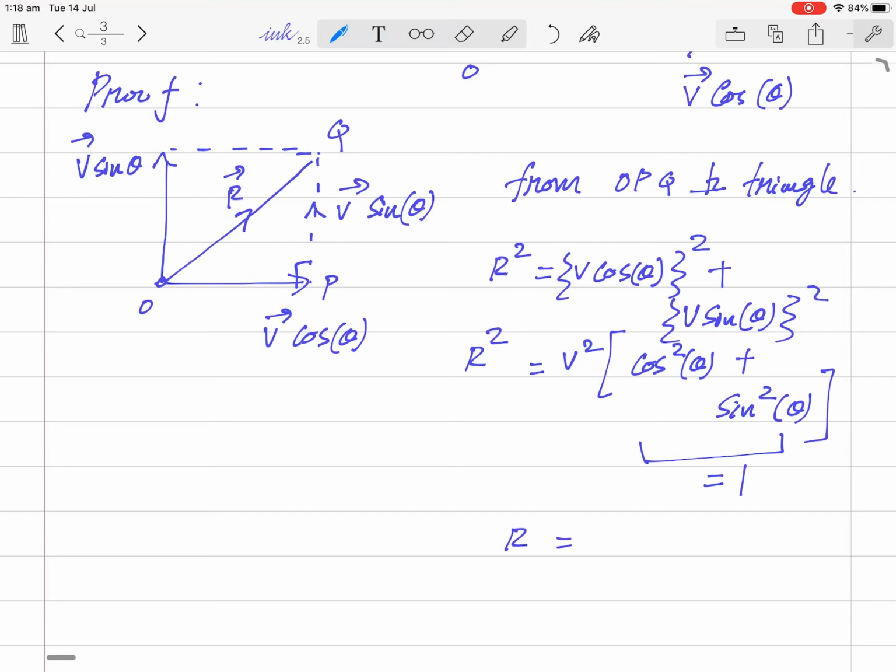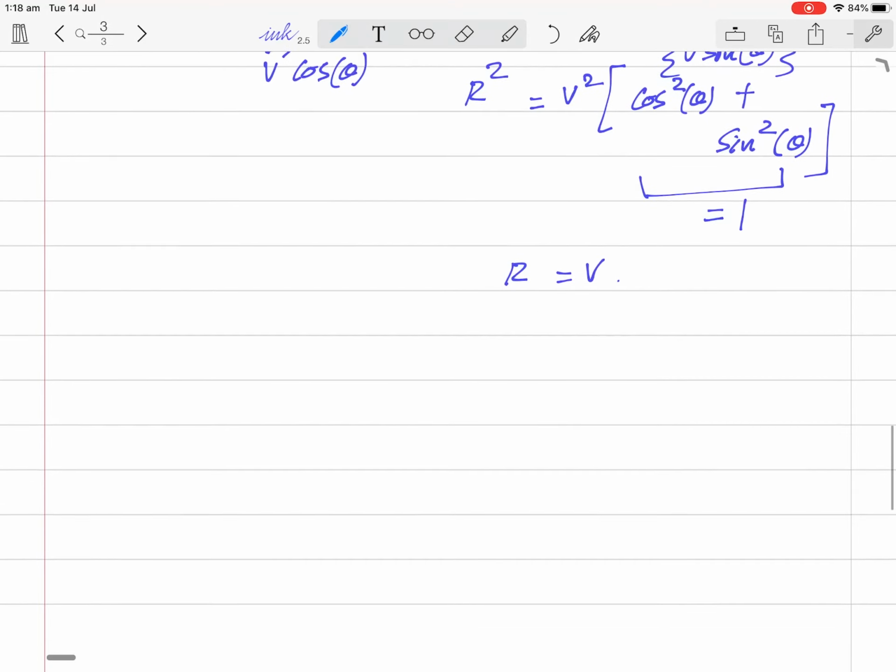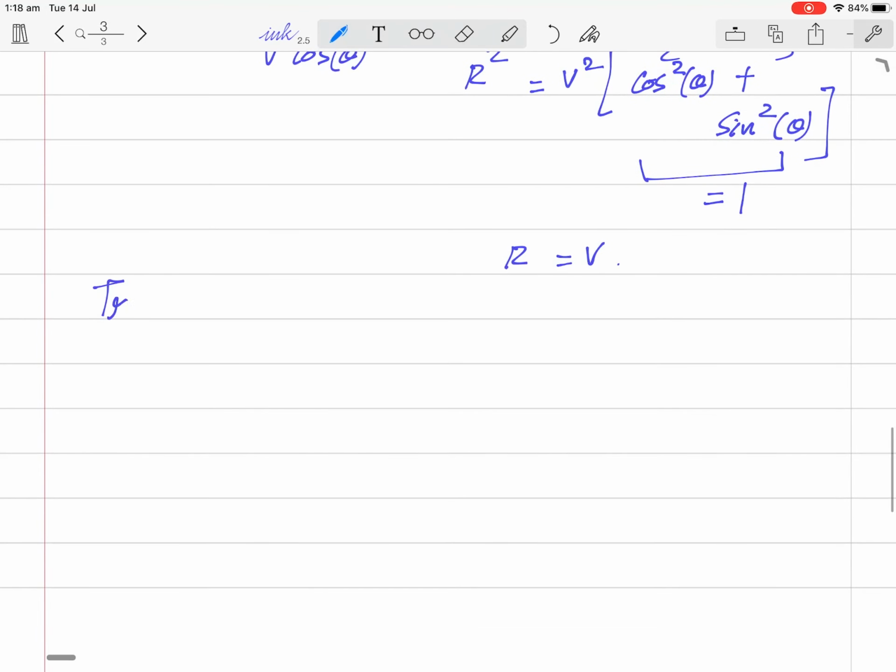So from there you can say R is equal to V. So we proved it. Okay, so this is the trig identity. There are many trig identities, and this is one of the important and most fundamental trig identities. Cos squared theta plus sin squared theta is equal to 1.